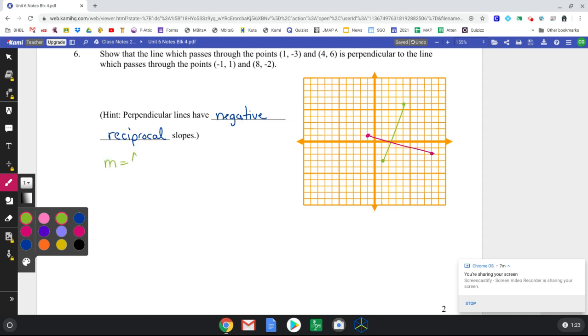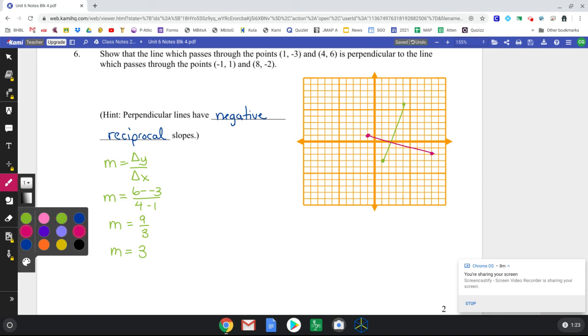So my slope formula, delta y over delta x. Plugging in my numbers, 6 minus -3 over 4 minus 1. 6 minus -3 gives me 9 over 3. So my slope here is 3.